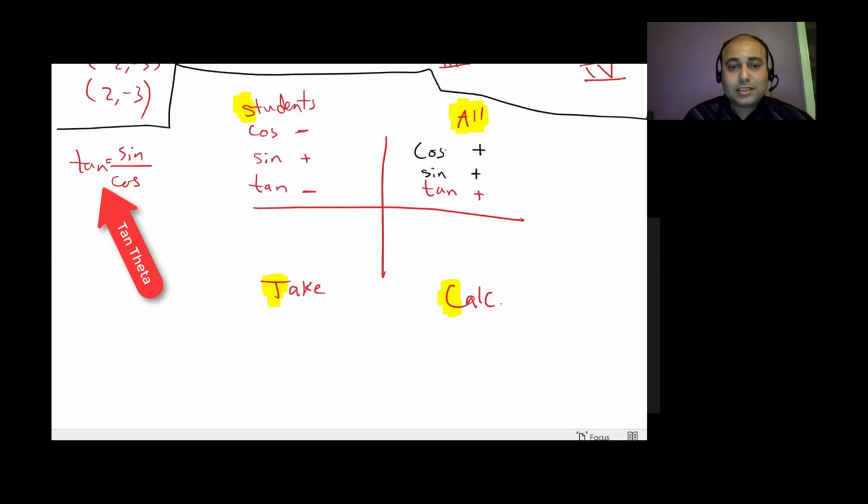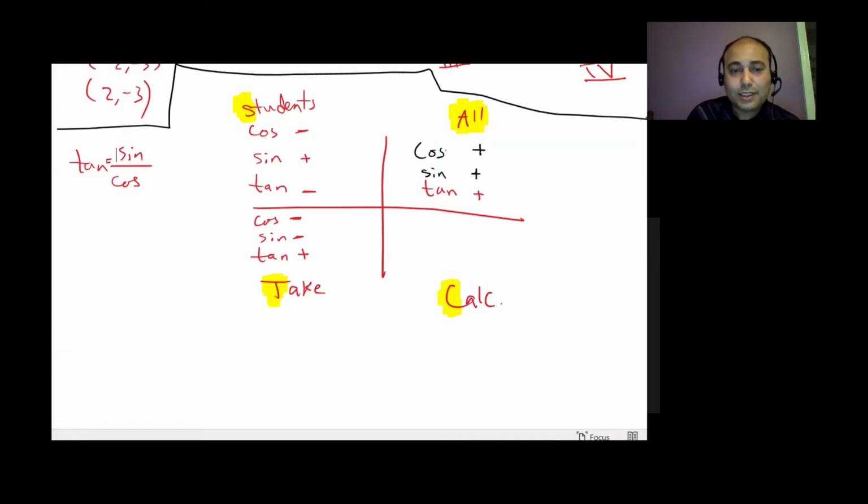All right, let's move on. The next one is the T, which is tangent. In this case, cosine will be negative, sine will be negative, and the tangent, obviously, negative divided by negative is equal to positive.